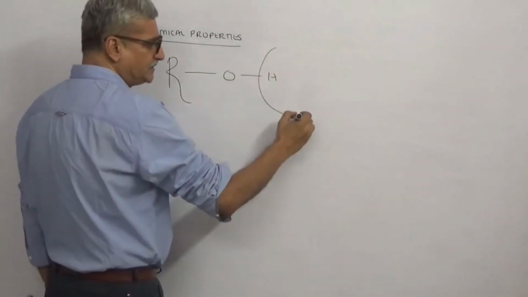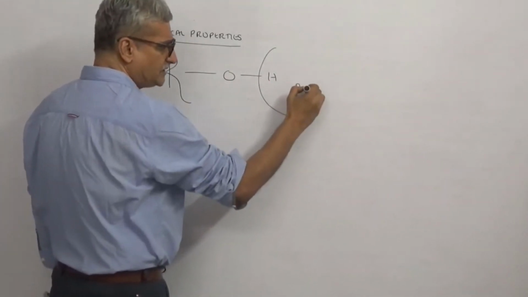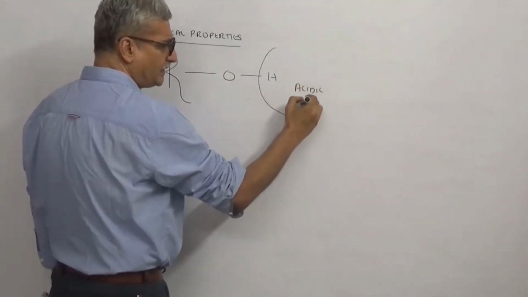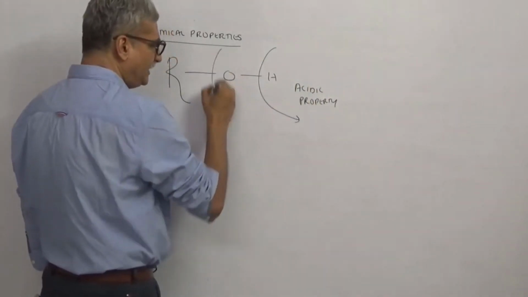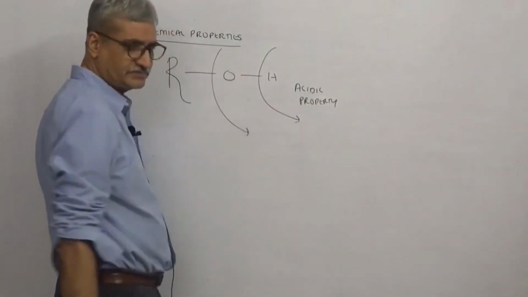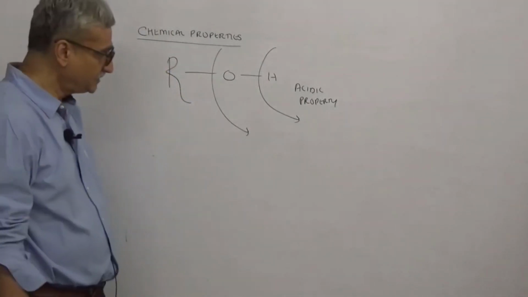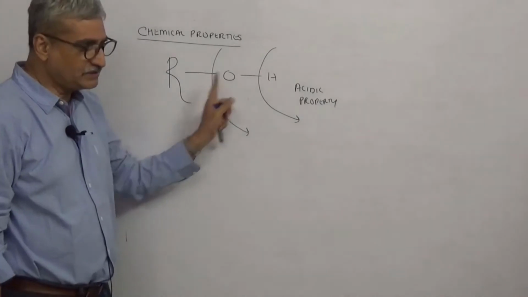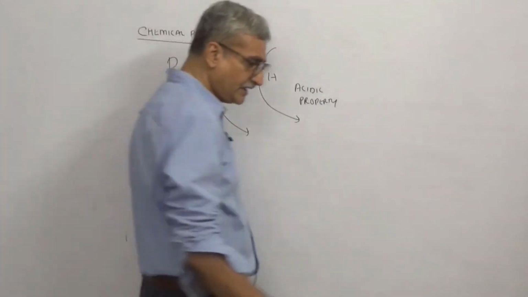That is, reaction of the H atom, which we also call acidic property, and then reaction of the OH group, where we can talk of oxidation, substitution and all that. One is reaction of the H atom. Let us start with reaction of the H atom.